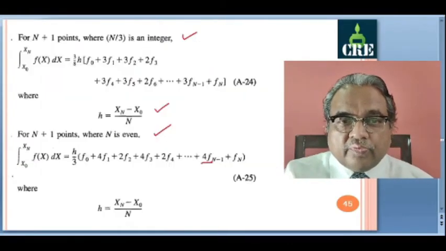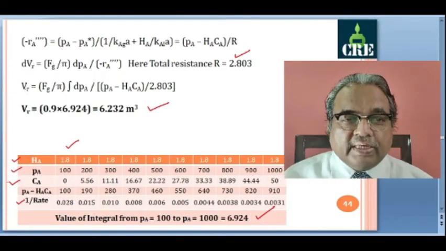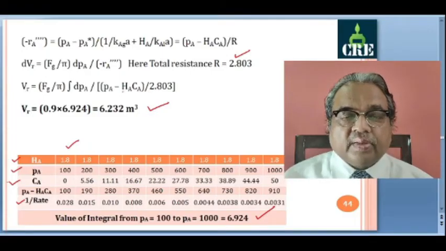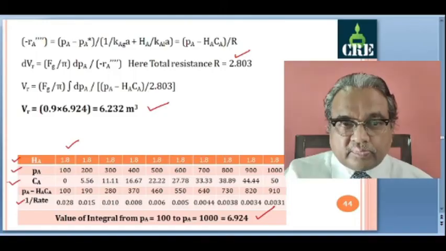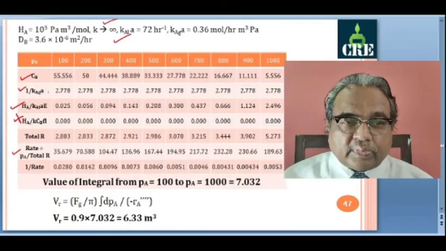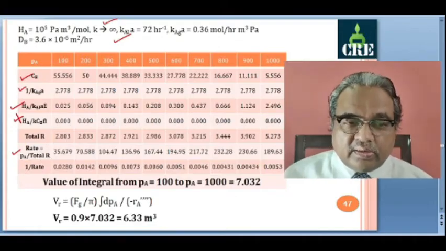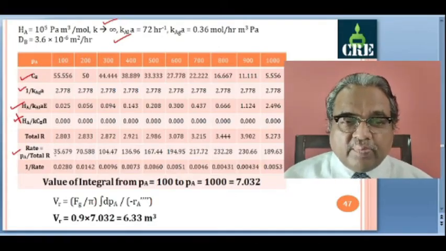So we have seen here design equation, volume is Fg by pi dPa by minus Ra value, and minus Ra value is Pa by resistance in this case, and this we have calculated. Then in integral sign we have integral Pa1 to Pa2 dPa by minus Ra, that is rate.